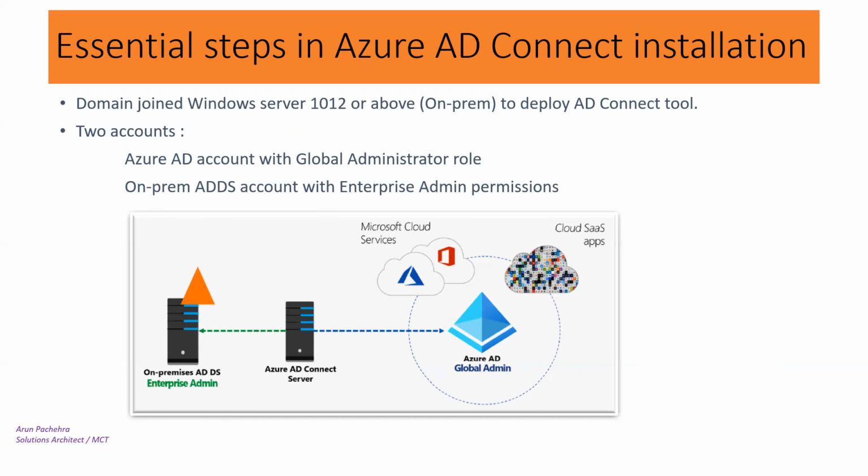And there is one more thing that could be utilized to perform a health check on the on-prem ADDS objects to identify and remediate potential issues that may lead to sync errors later, maybe a tool like Microsoft IdFix. But that's conditional, so I have not put it here. I hope this is clear. These are the essential steps.